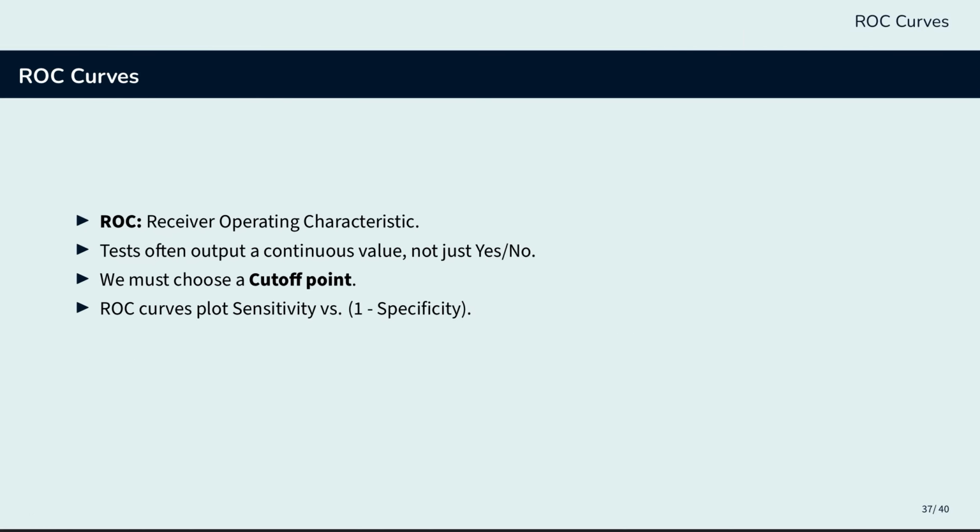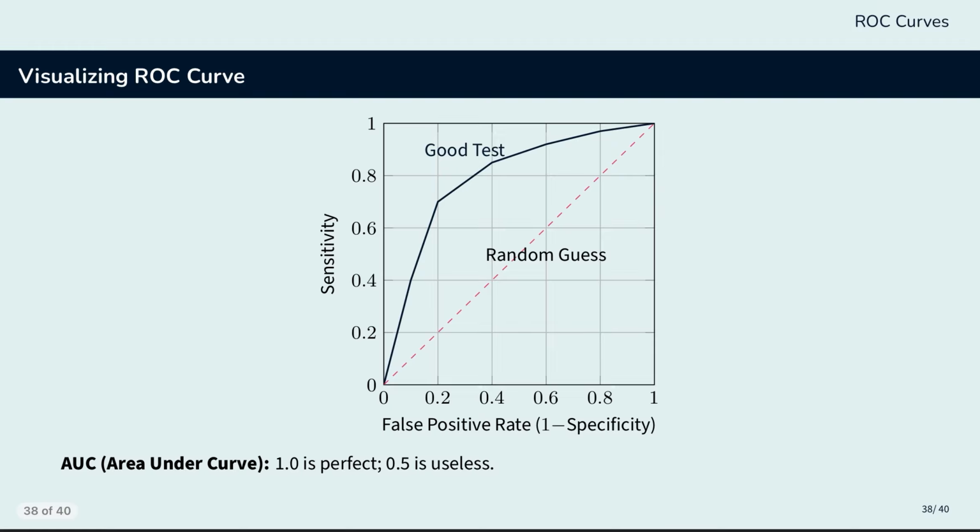So the last topic is the ROC curves, or the receiver operating characteristic curves. These are tests that often output a continuous value, not just a yes or no answer. We generally must choose a cutoff point, and these ROC plots provide a plot of sensitivity against 1 minus specificity, where we have 1 minus specificity on the x-axis and sensitivity on the y-axis. If you choose a random guess, this is the line that you would expect to get.